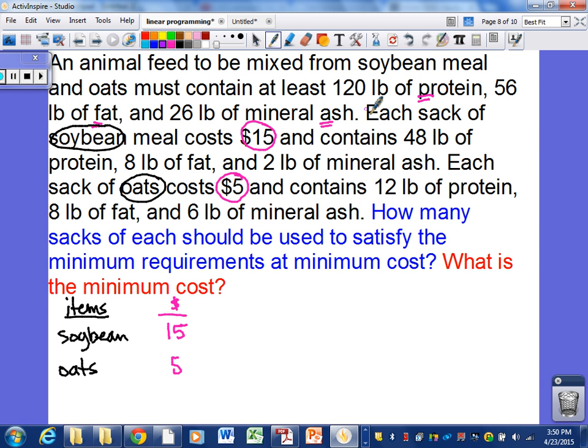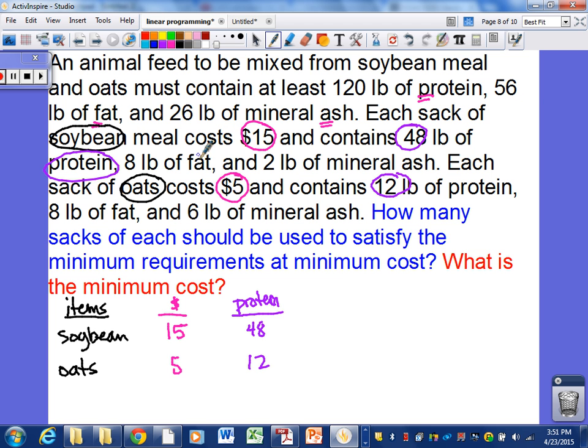Okay, what else do we have? Each sack of meal contains 48 pounds of protein. So protein, 48 pounds of protein. And down here, oats have 12 pounds of protein. What else do we have?